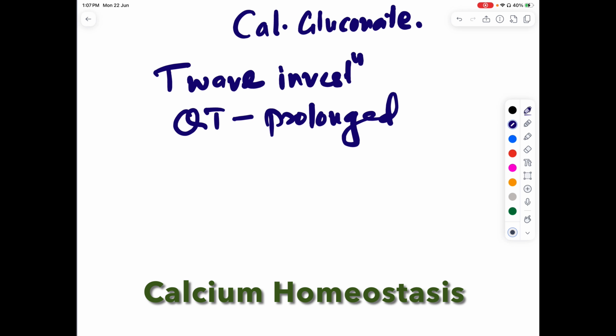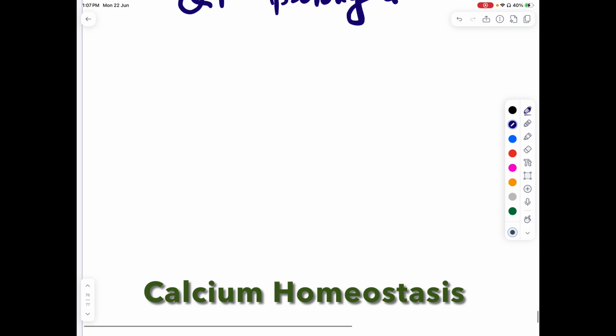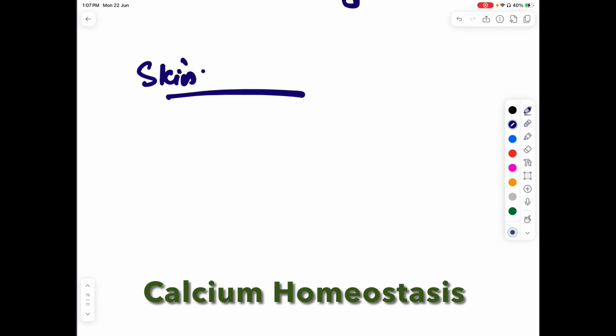Outline how vitamin D is produced and metabolized. First of all, skin, with exposure to sun rays. Initially 7-dehydrocholesterol is a precursor converted to vitamin D3, cholecalciferol.